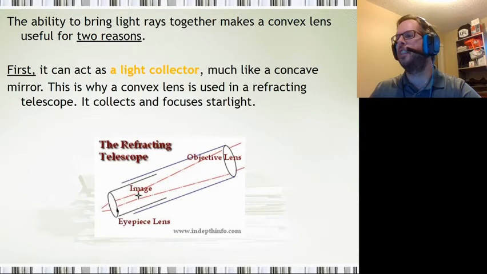And as the light comes through the objective lens, it is bending and refracting the light to form an image on the second lens that will eventually end up as an image on your eye. And this collecting of light is what allows us to see starlight that is very, very infinitesimally dim, if you will. There's not a lot of it there, but because it collects it, we can use that collected light to see an image.